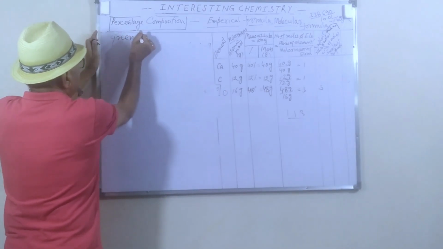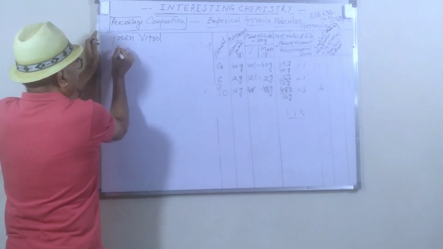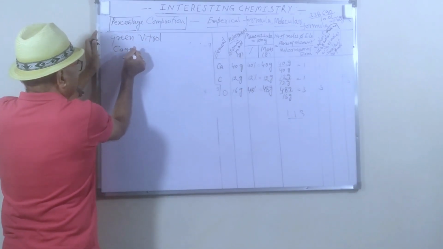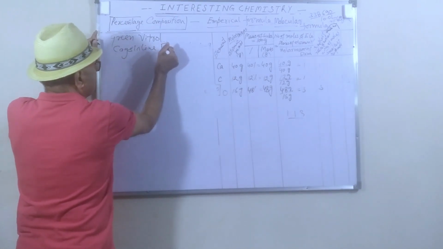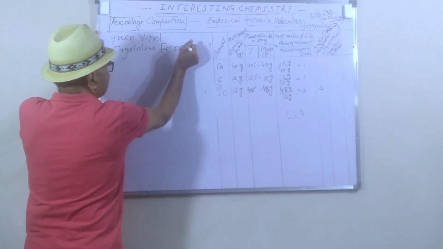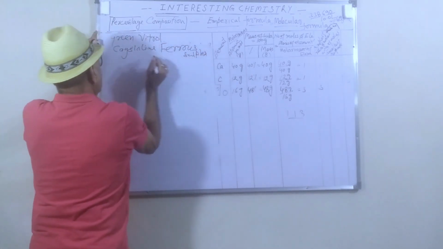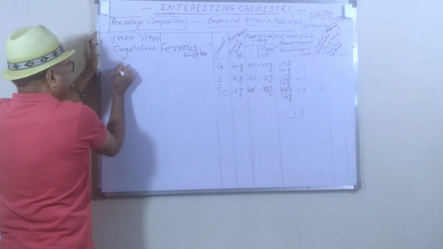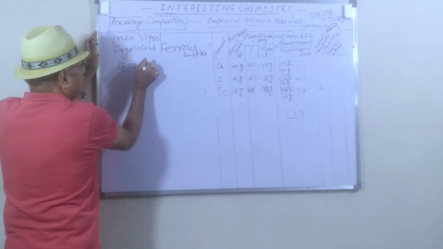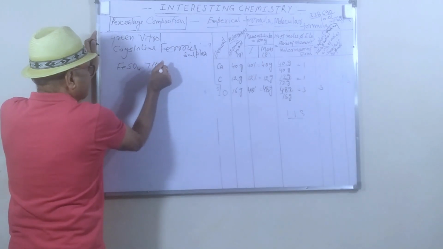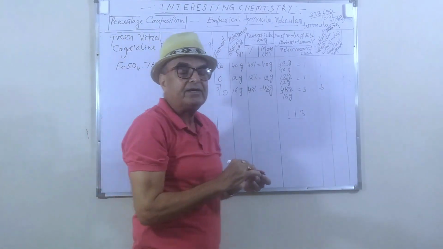Green vitriol is crystalline ferrous sulfate. The formula of crystalline ferrous sulfate is FeSO4·7H2O.